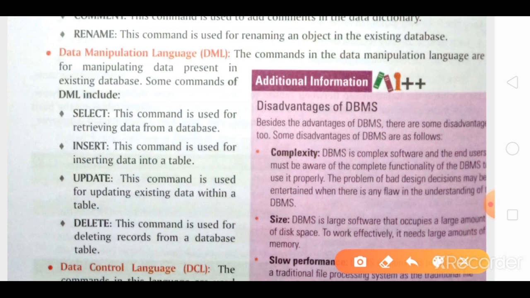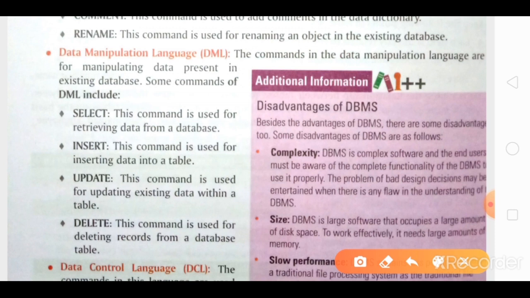For example, you have created a student table, and in this table you have 50 records, meaning 50 rows, and you want to delete the whole table with all 50 records. Then you will use the drop command. And if you want to delete any particular row from the table, then you will use the delete command.